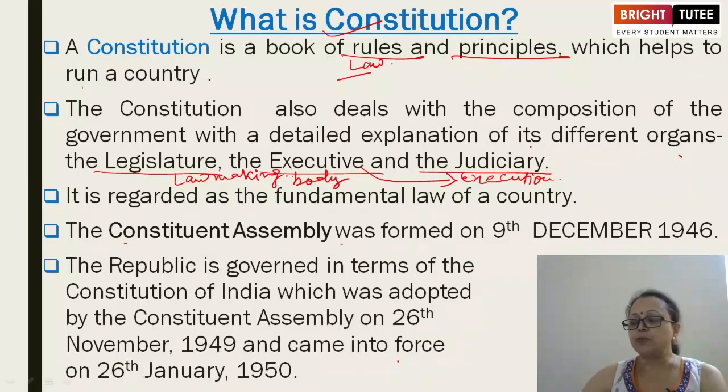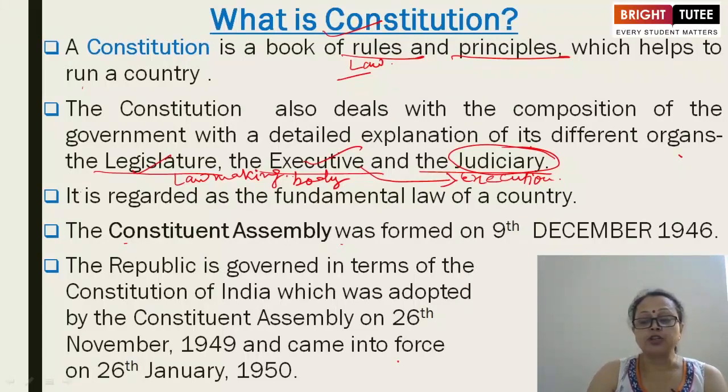Then the third most important organ is known as the judiciary. The judicial system of our country is completely different. It is an independent organ of the government, and its duty is to take care of both these organs of the government, legislature and executive.